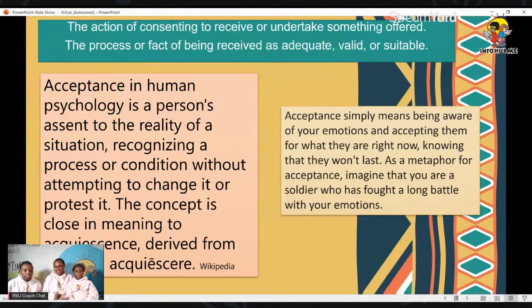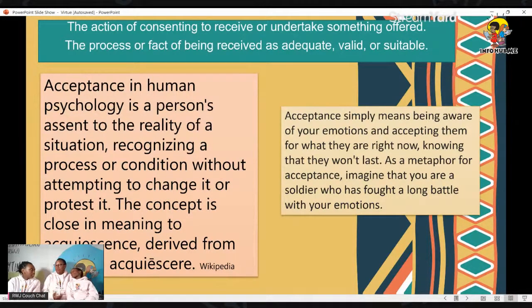But the interesting thing here is you are accepting the reality of the situation, number one, without trying to change it. Now, I was a tomboy when I was growing up. Oh my God, I used to climb trees. I accepted my reality. I accepted that I'm a tomboy, and I didn't try to change my reality.